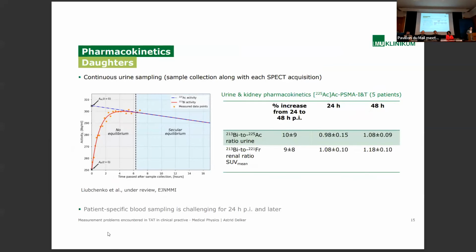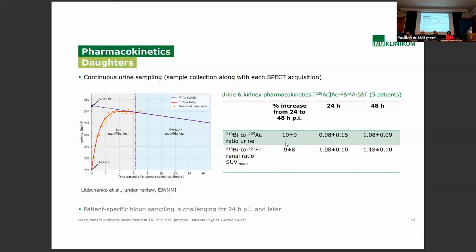And when you continuously measure those urine samples in a gamma counter until equilibrium is reached, you can trace back to the bismuth to actinium ratio at the time of sample collection. And referring to the bismuth to actinium ratio in the urine, we observed an increase of on average 10% of that ratio. And at 48 hours, we have a ratio which is higher than 1, meaning that we have an excess of bismuth in the urine samples.